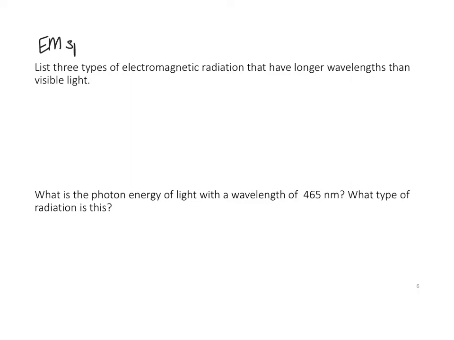I'll just call that the EM spectrum. And what you'll see is you have gamma rays, and then you have X-rays. You have all probably been familiar with an X-ray before, where you have to put that metal shield on to protect yourself from the X-rays because it's harmful. Then you have UV rays, ultraviolet.